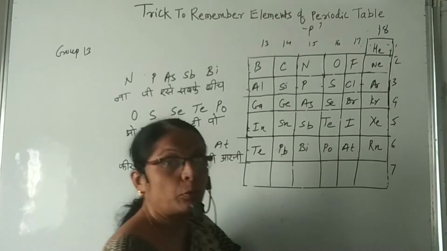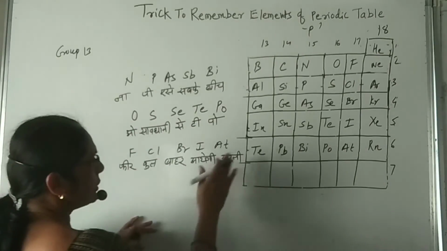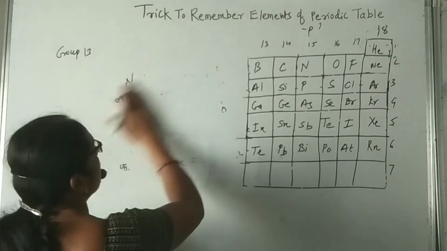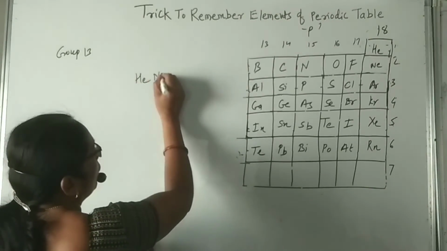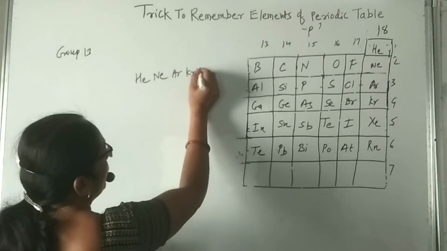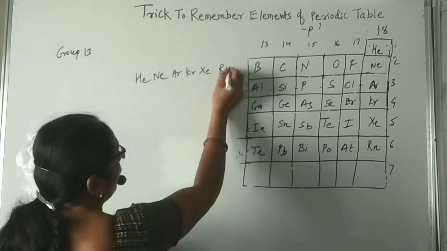The next is the group 18 elements. It's very easy to remember. Group 18 has helium, neon, argon, krypton, xenon and radon.